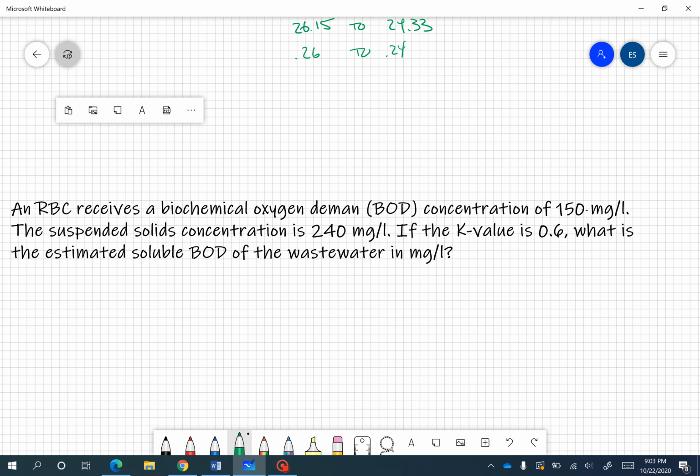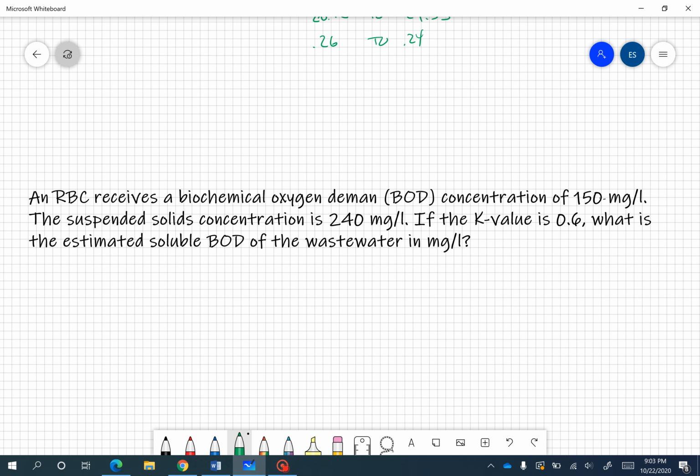So the next type of problem is this thing called K-value. And what we're doing with K-value is we're trying to estimate how much of the total BOD, or total biochemical oxygen demand, how much of that concentration is soluble and how much is particulate.